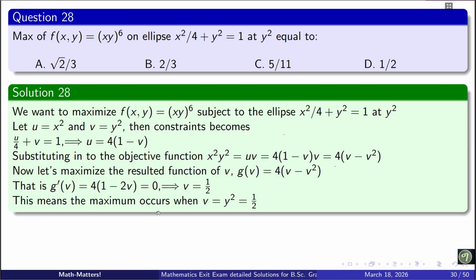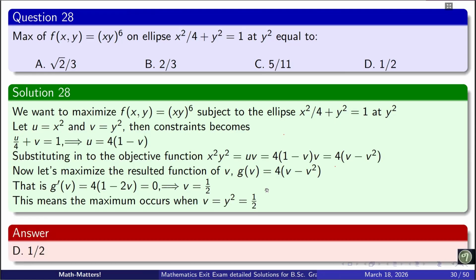This means the maximum occurs when v is equal to y squared, or simply 1 over 2. So the answer could be, I think, D. At this point, that's simply 1 over 2.